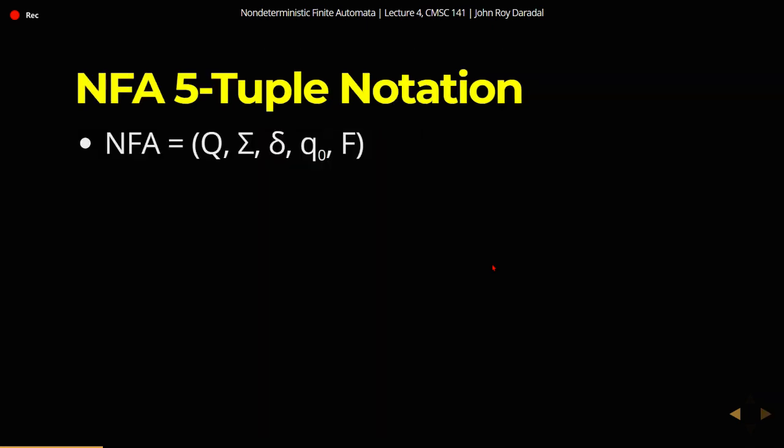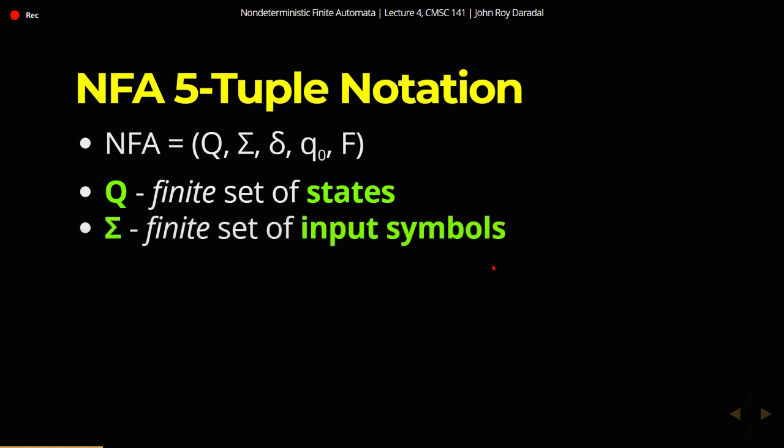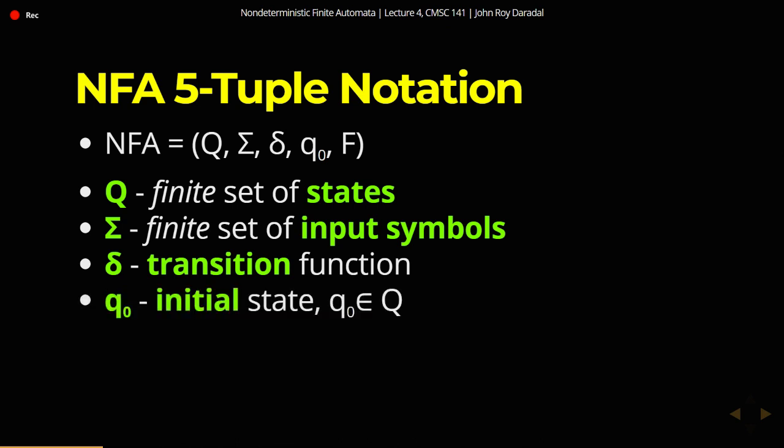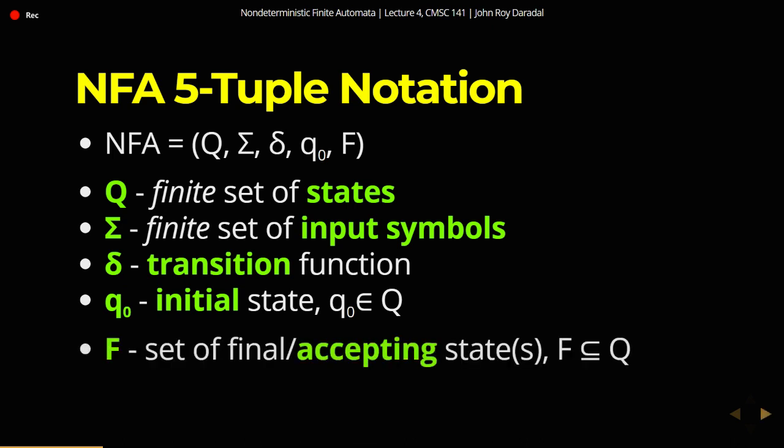Okay, so being in multiple states at once is kind of pretty cool. Now let's talk about the 5-tuple notation of the NFA. More or less, it has the same ingredients as your DFA. So you still have your Q, or the finite set of states, sigma, which is the finite set of input symbols, delta, which is the transition function, Q sub 0, which is the initial state or start state, and F, which is the set of final or accepting states, which is a subset of the set of states.